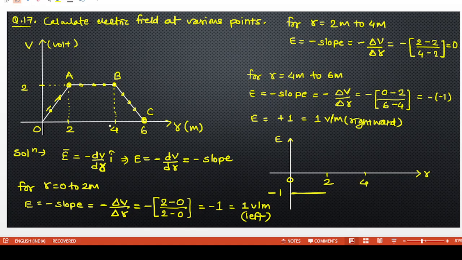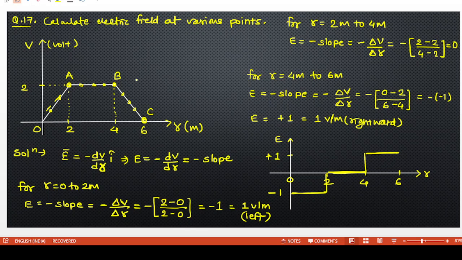It is 0. And for positions 4 to 6? Plus 1, means rightward. Rightward field is plotted positive. So draw the graph like this.